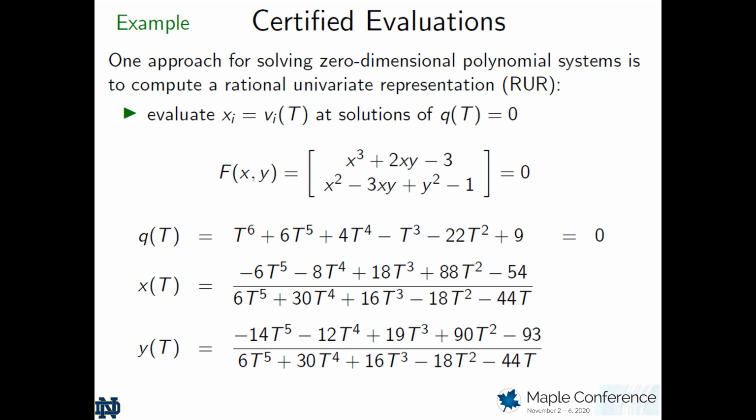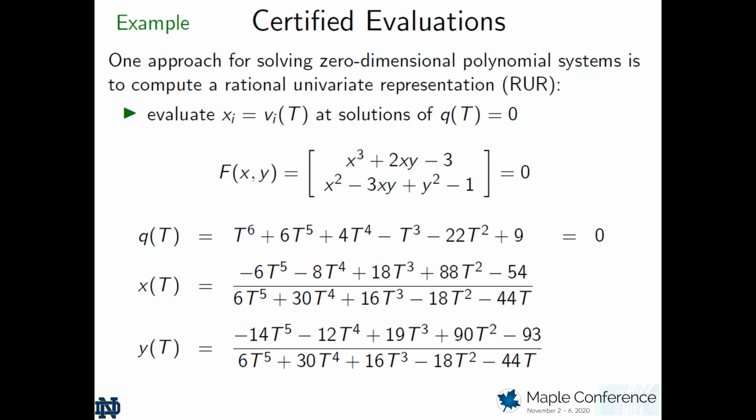It has degree 6, so there are 6 solutions here. And when you compute a RUR in Maple, this is its outcome. So Q is a degree 6 polynomial. And then what you need to do is evaluate x and y, these rational functions, at the roots of Q. And that gives you the roots of f.